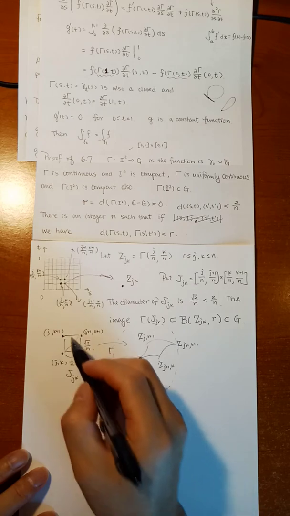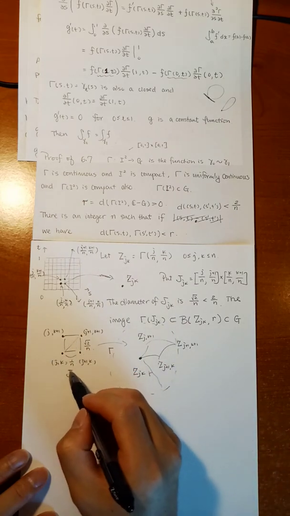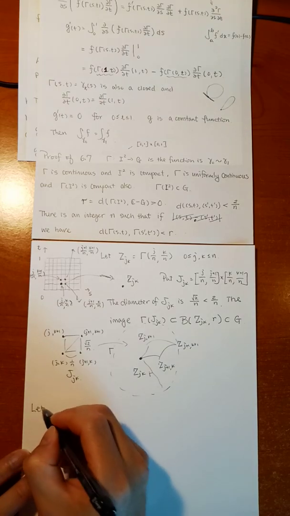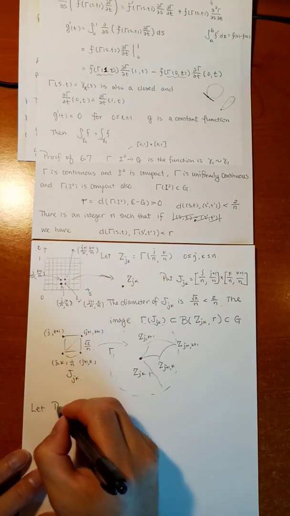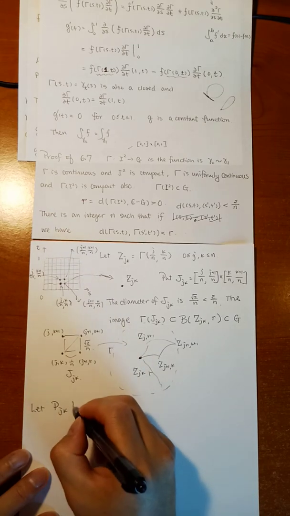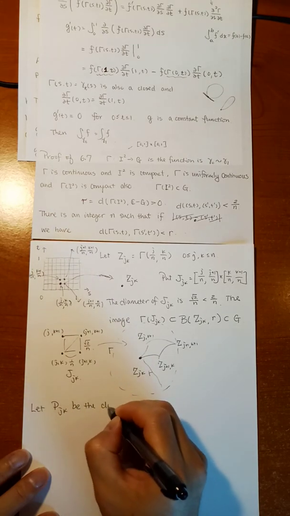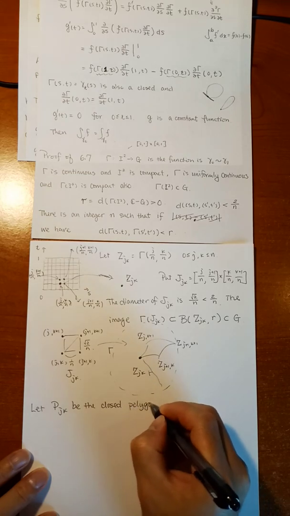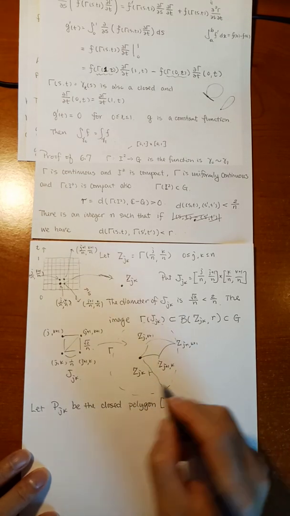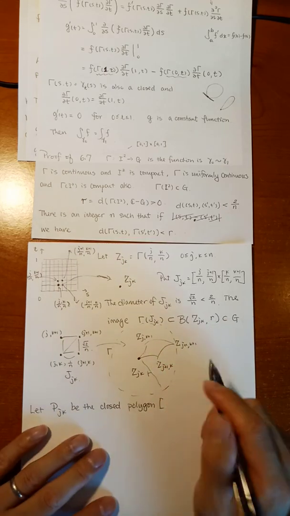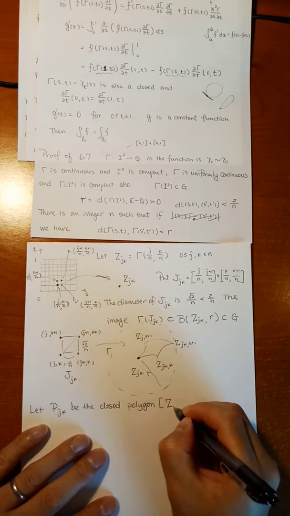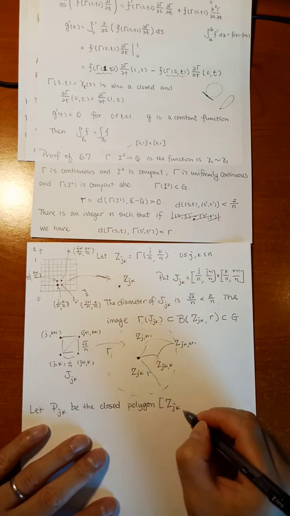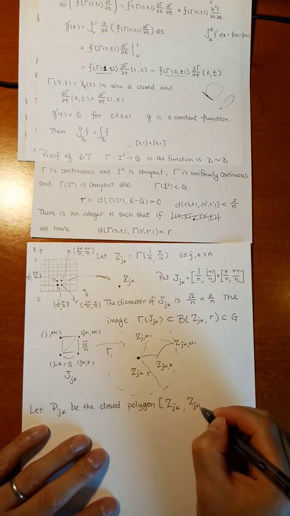Okay, then keep in mind that Rjk is this whole region. This region has a boundary. Let Pjk be the closed polygon. What polygon? Sorry, not this one, this one. Closed polygon: zjk, then zj plus 1 k.